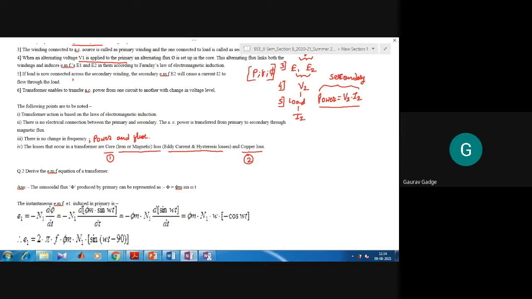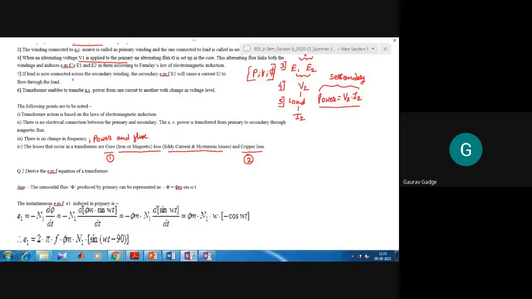And if E2 is available, the voltage gets developed on the secondary side terminals, that is V2. If the secondary side is connected with the load, the current starts passing through that secondary winding, and that current is I2. So supply voltage V1 is given on primary, current I1 is passing through primary, V2 gets developed on secondary, and I2 passes through secondary.